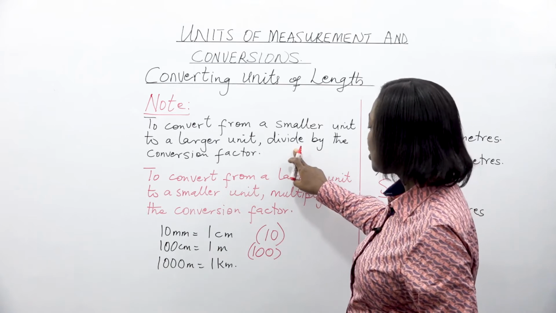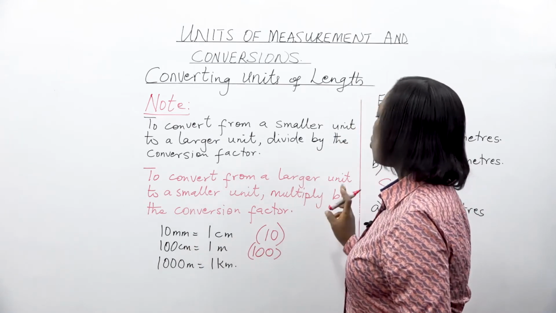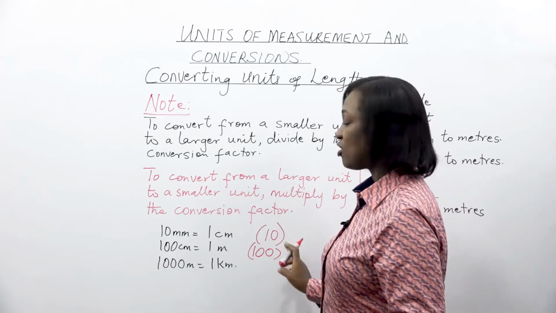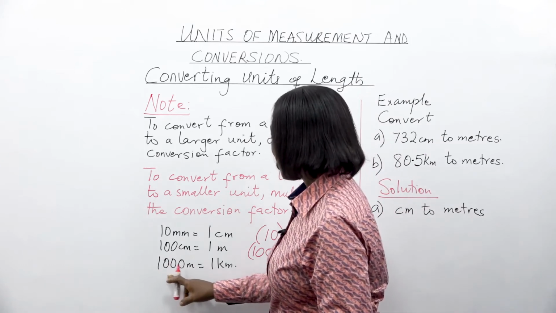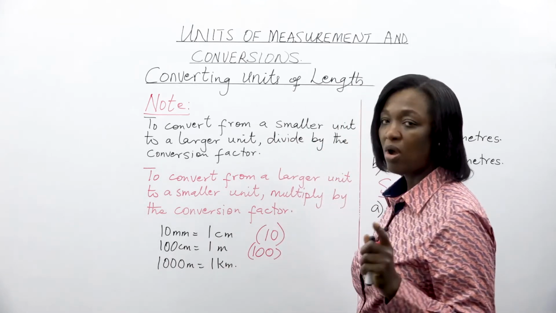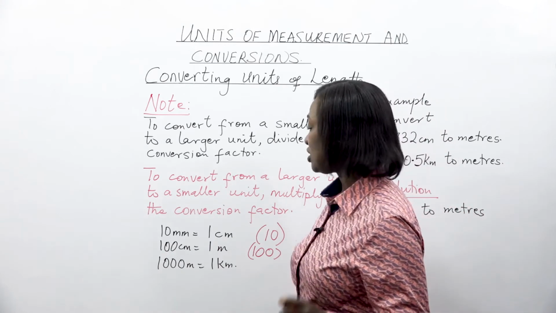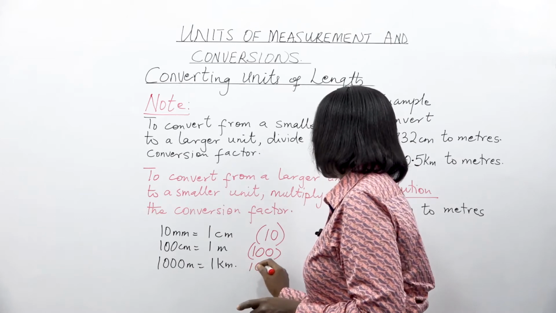But if we're converting from meter to centimeters, then we multiply. And by what? By 100. For the last one we have here, 1,000 meters make a kilometer. So the conversion factor between meters and kilometers is 1,000.